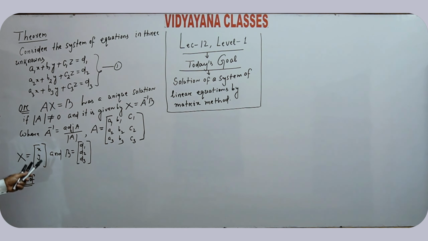Capital X is the matrix having elements x, y, z, and the capital B is the matrix having elements d1, d2, d3.